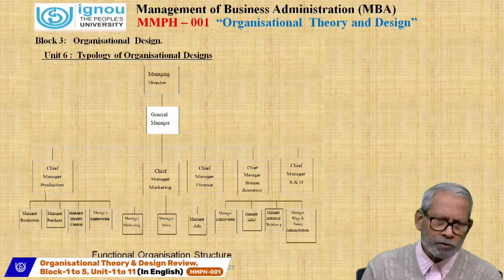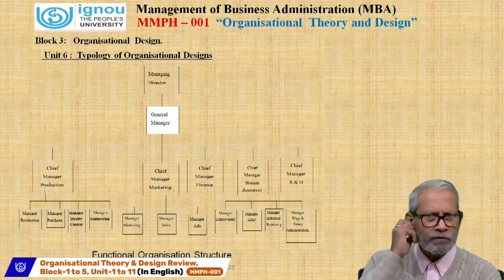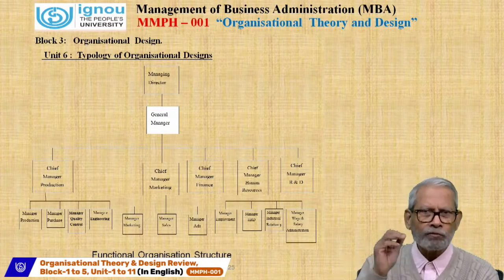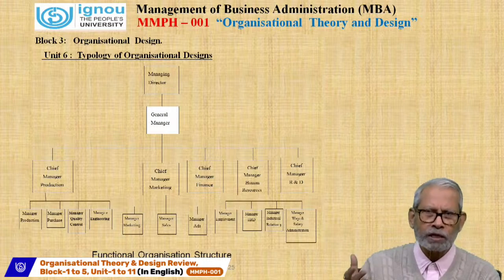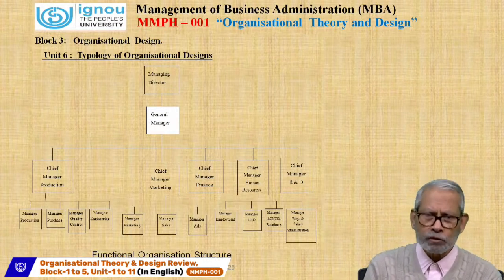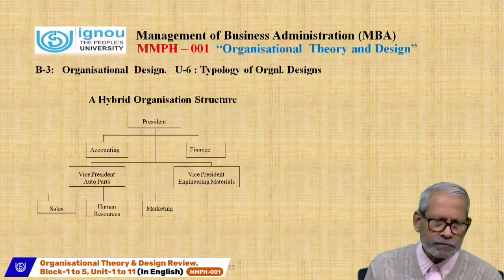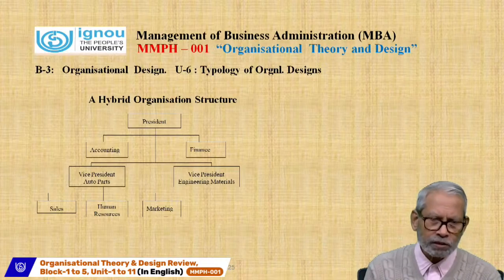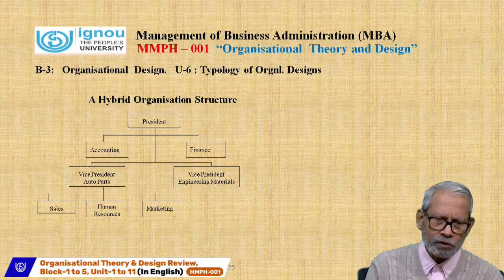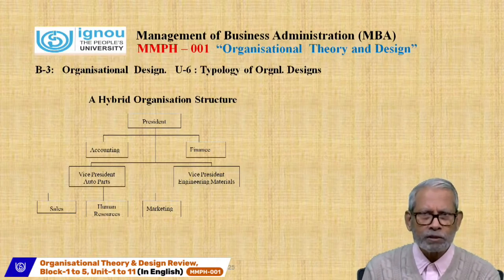Now here are some topological diagrams for your functional structure, where the different functional areas are there: your finance, your marketing, your production, R&D, and your HR planning. Then hybrid organizations are also there, where your operational system and your administrative normal structure are both there.